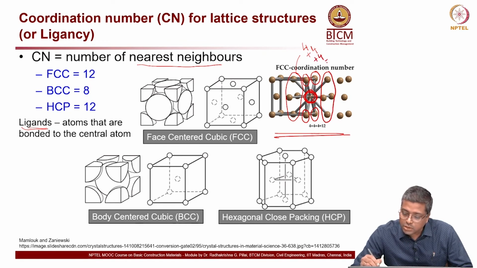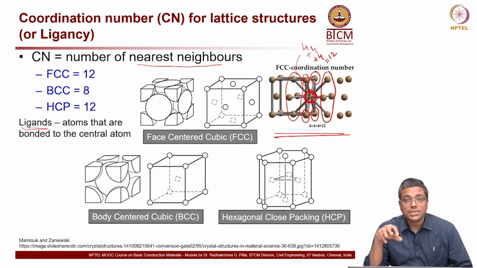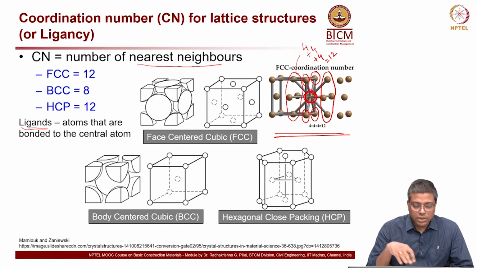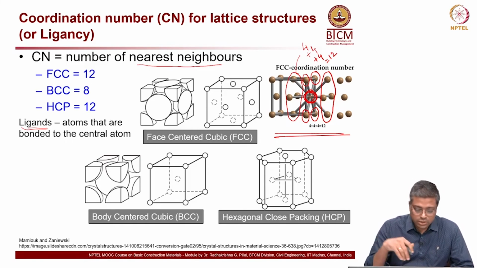So, 4 plus 4 plus 4 is equal to 12. So, it has 12 nearest neighbors. Okay. So, that is how we get the coordination number for FCC as 12.